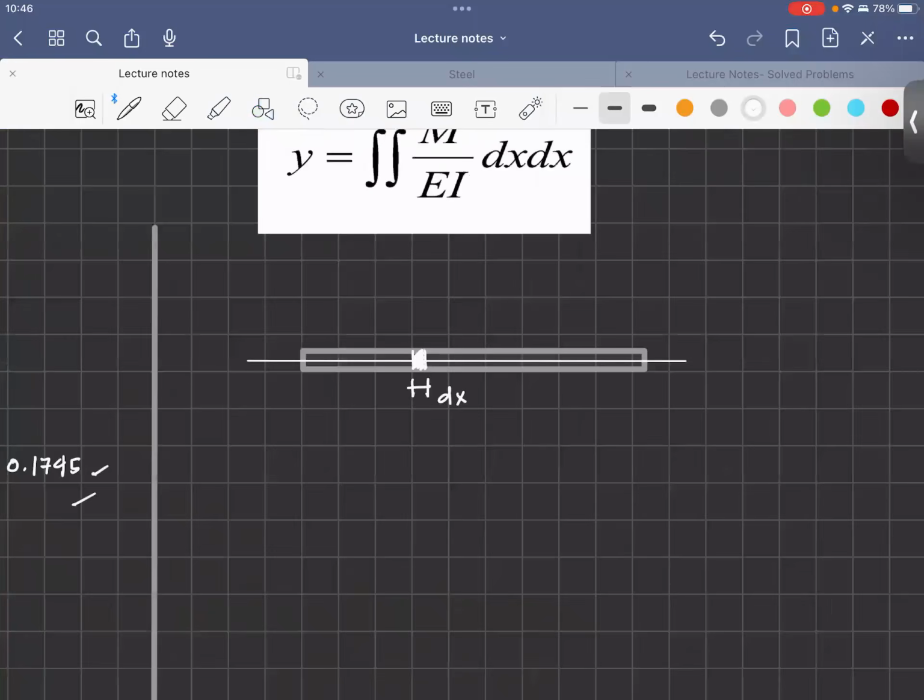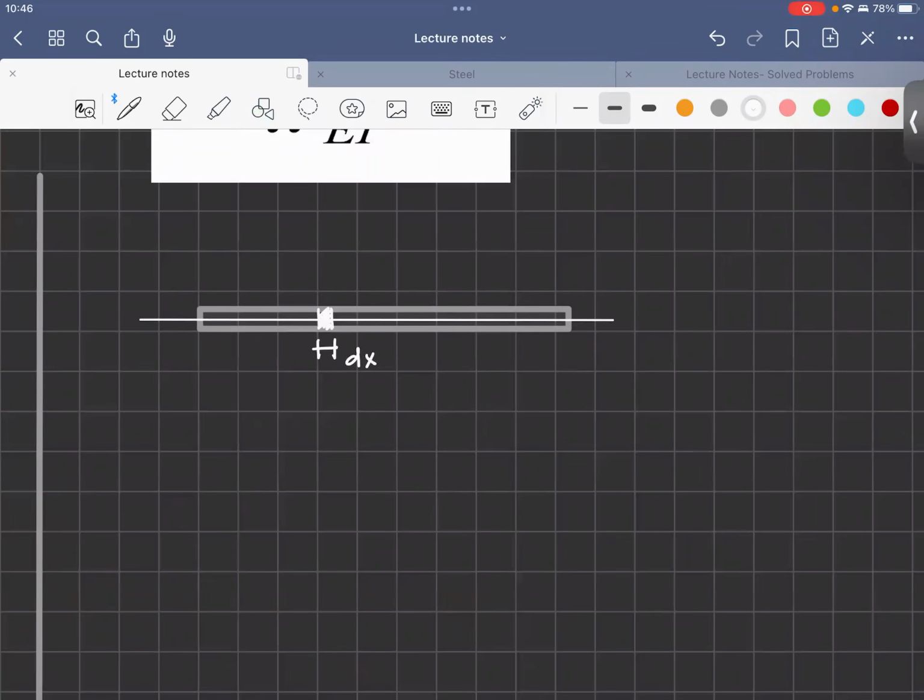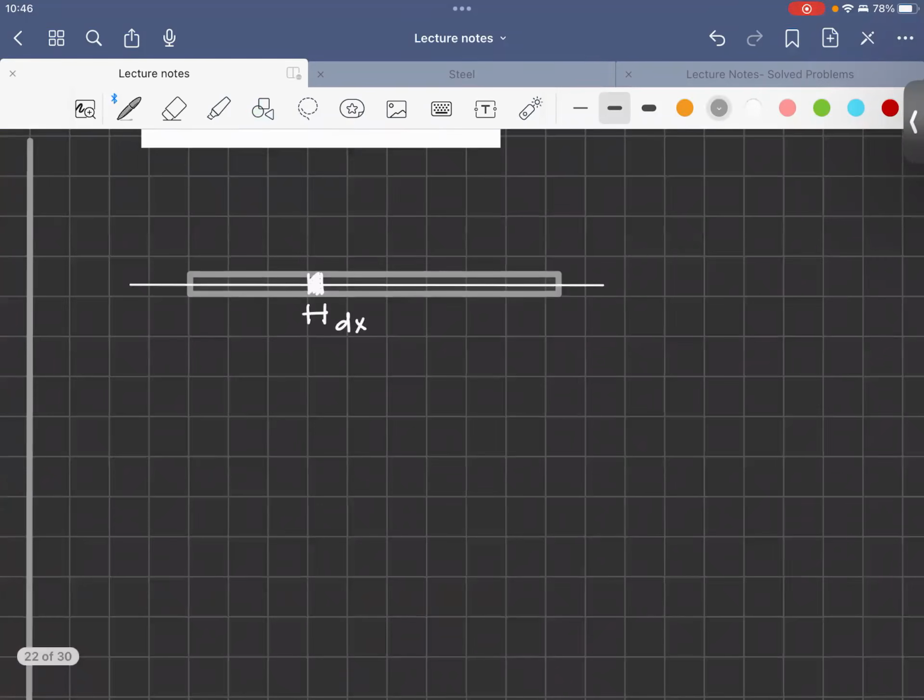Once the beam bends, this is the shape of our dx. Of course, it bends. Let's label it: say this is your ds, s for the curve.